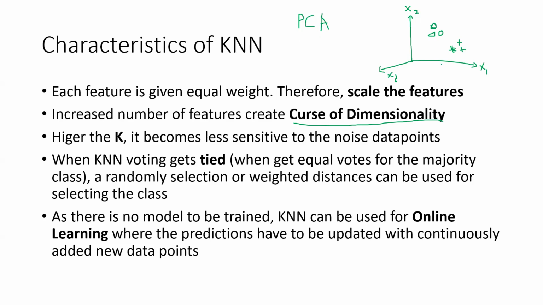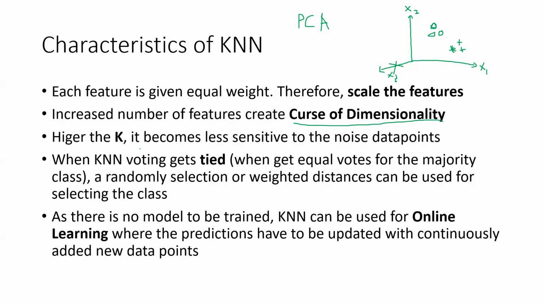Or you may remove some of the features with feature selection, and with feature engineering you can also combine some of the features, for example the length and the width of land, to make the area of the land, to reduce the number of features, right? So that is a way of reducing the curse of dimensionality.